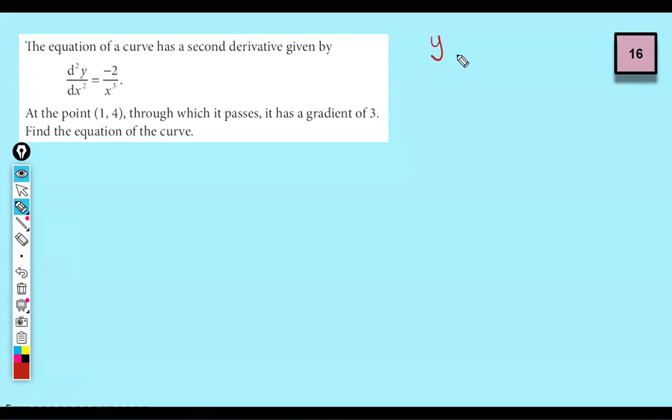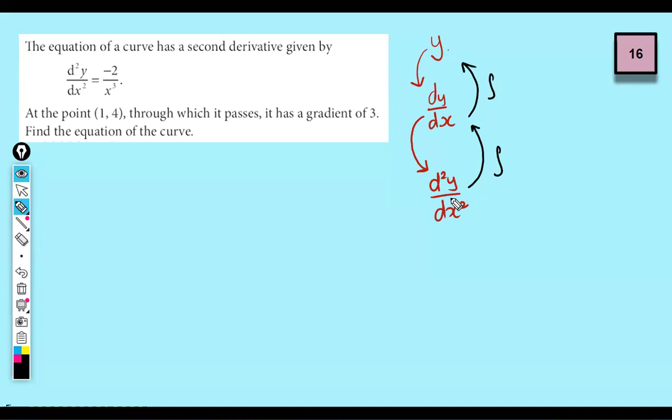Also, if you have y and you differentiate y once, you get what? dy/dx. If you differentiate again, you get d squared y over dx squared. So if you're going downwards, it's differentiation. To go back upwards, you have to integrate.